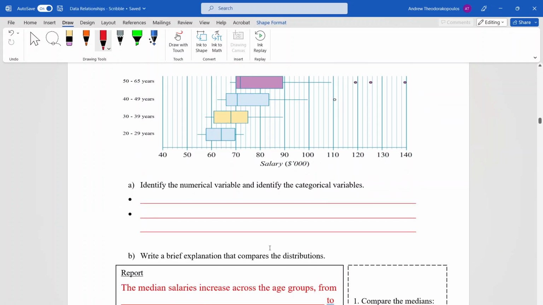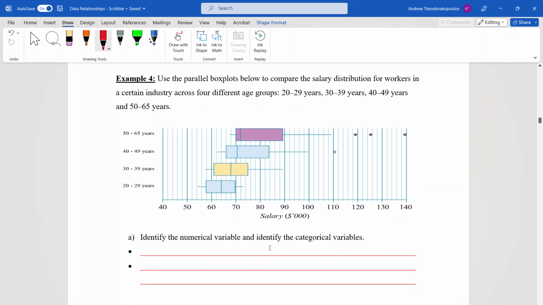Last example. Alright, so this is about salary for a bunch of age groups. So 20s, 30s, 40s, and 50 to 65 year olds. So what is the numerical variable? Well, that should be the salary.